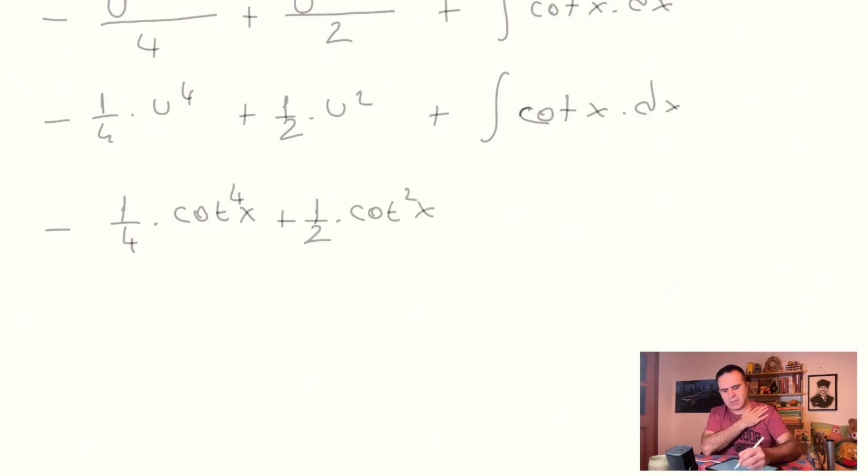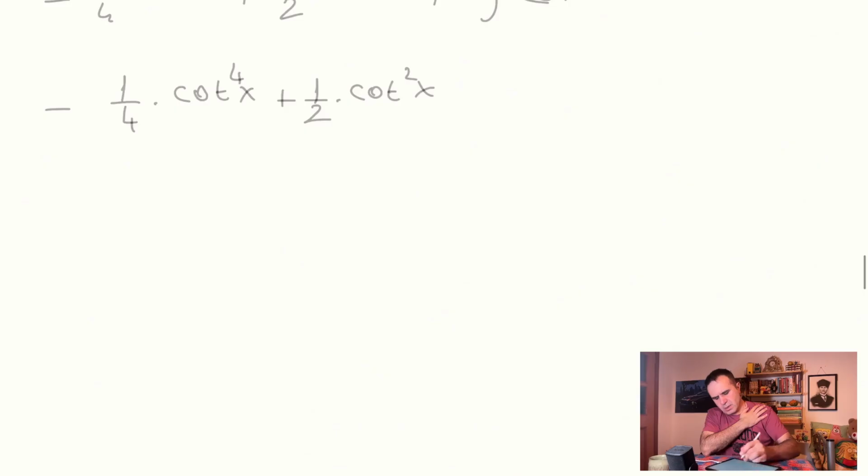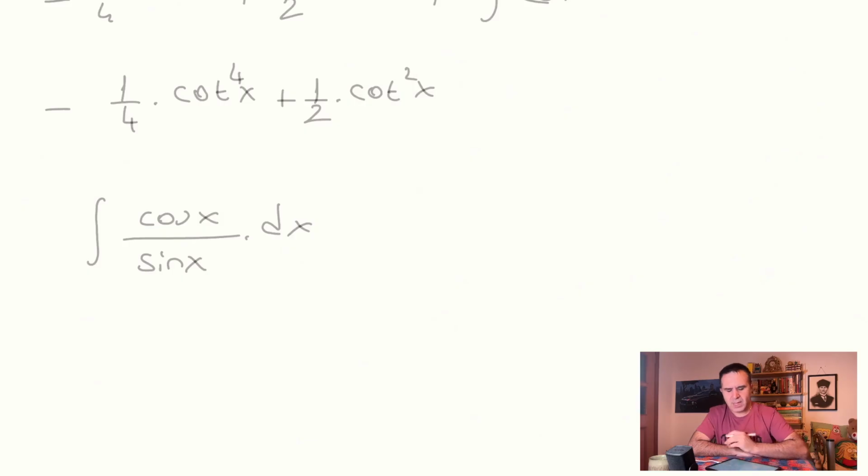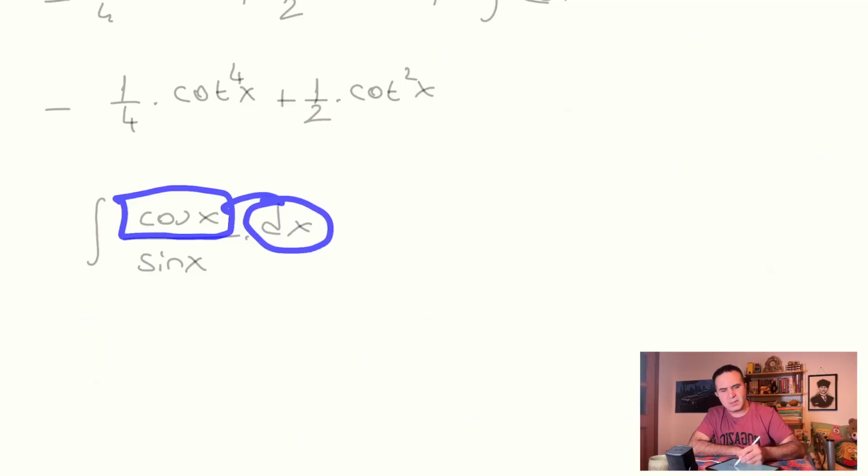Also, let's take the integral of cotangent x. In order to integrate cotangent x, we should write it as cosine x divided by sine x. If you do not write it that way, you cannot integrate it. Here we have sine x, and you see its derivative, cosine x, multiplied by dx.